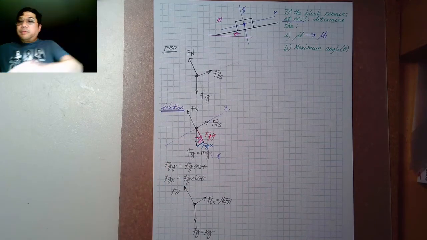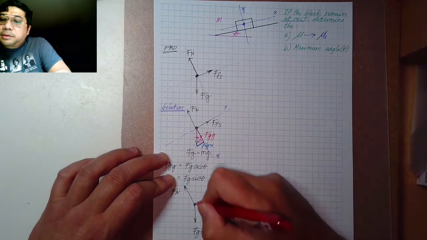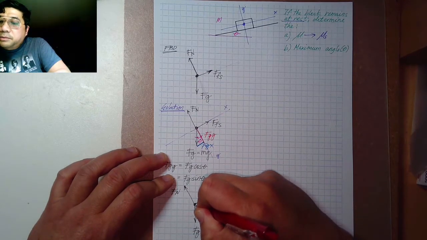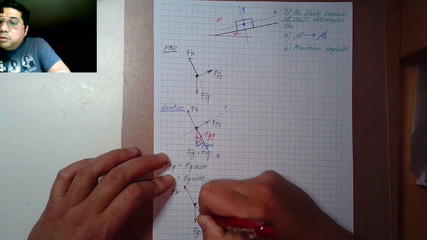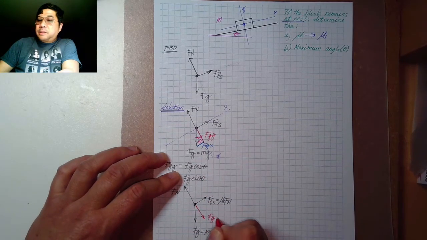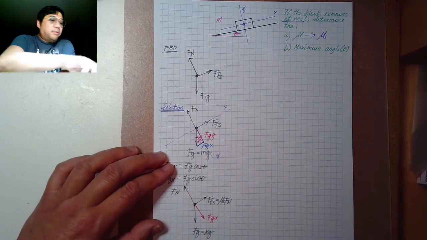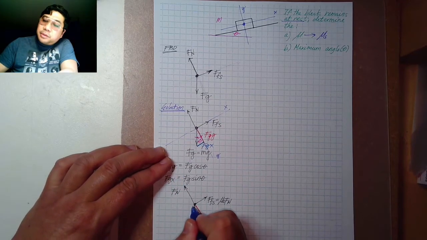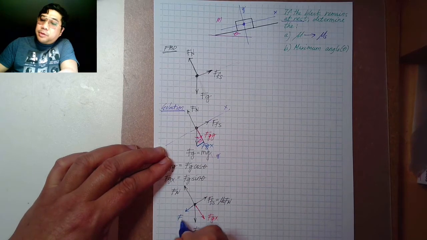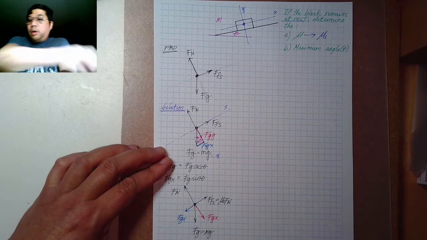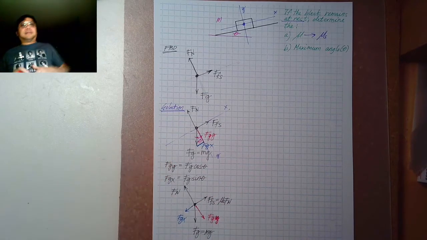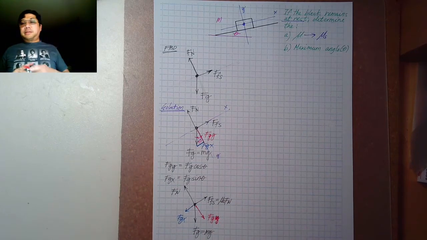Now for the components of the force of gravity, we have Fgx, which is the blue one, while the red one is Fgy, because that's along the y-axis.